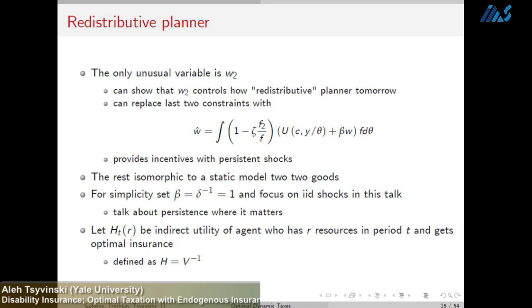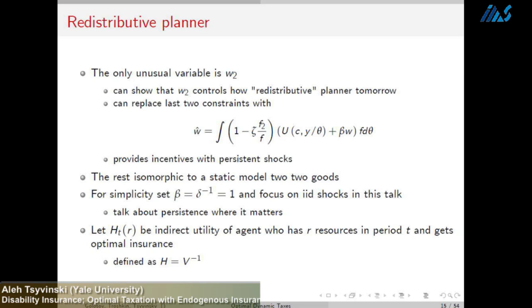Okay, so now I'm going to assume a couple of things. First, the discount factor is equal to the inverse of the marginal transformation, so beta delta is equal to 1. And I'm going to focus on the IID shock. I'm going to talk about the persistence when it matters.